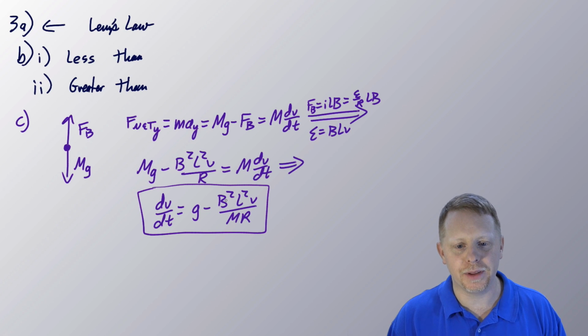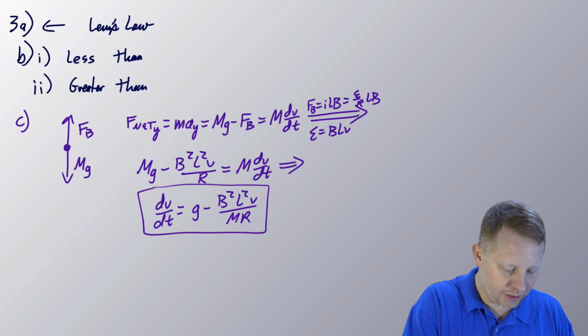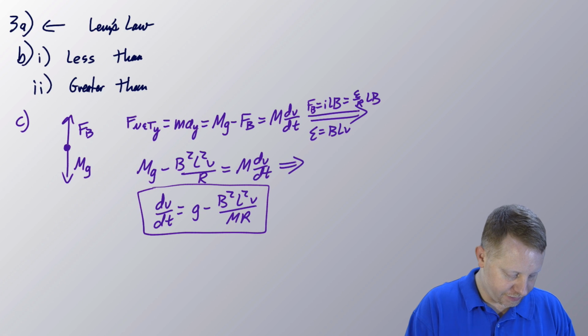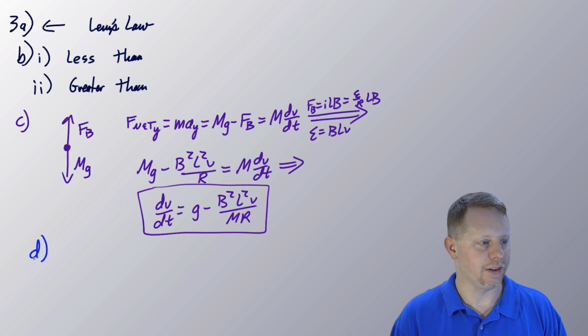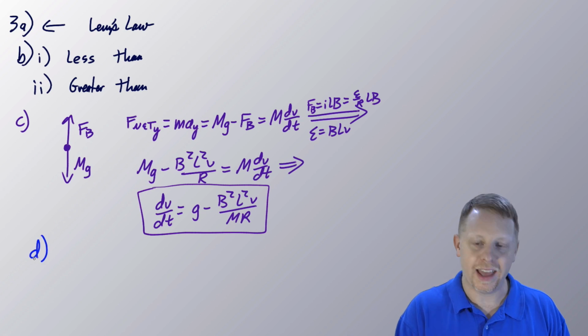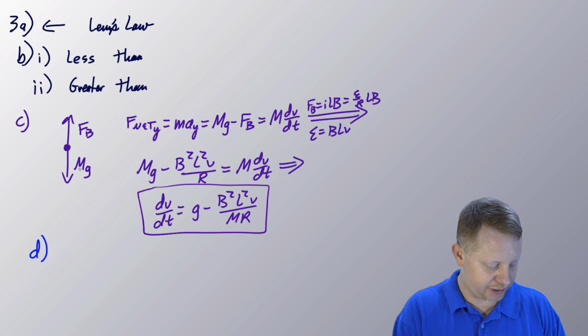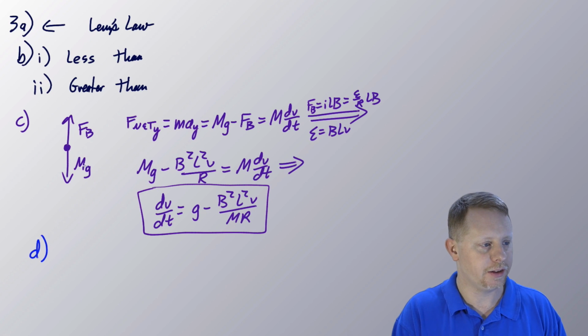Now for D, determine an expression for the terminal velocity, Vt, of the bar. Well, Vt occurs in a very specific circumstance. That happens when we have no more acceleration, when the magnetic force equals the weight of the object.